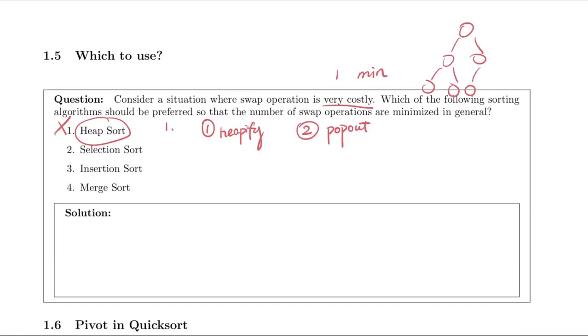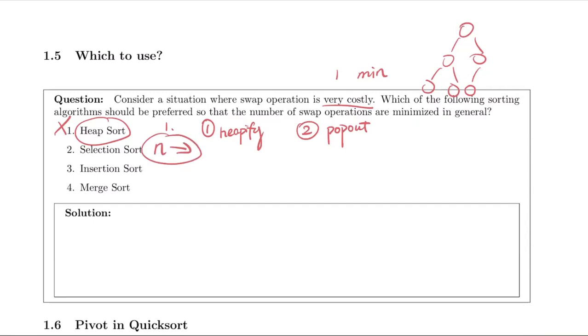So for the selection sort, we are selecting the largest element first, and then the second largest element, right? So we are actually just doing n swaps, because we only need to swap n elements.